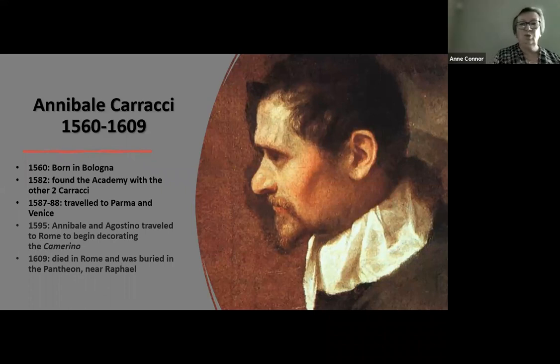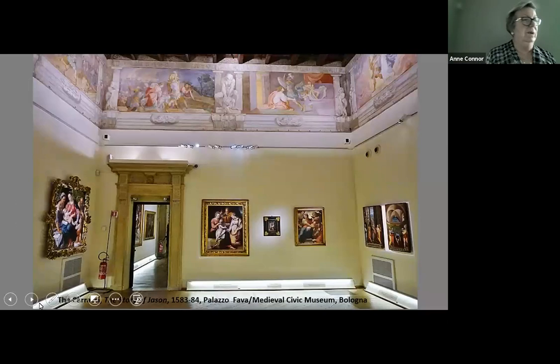Before they came to Rome, they were asked to decorate some rooms in the Palazzo Fava in Bologna. That is now the medieval civic museum, and what I'm showing you here are the works they did above, not on the ceiling, because the ceiling is coffered, but all about the kind of frieze that decorates the top of each room.